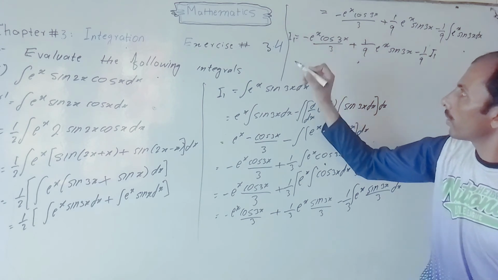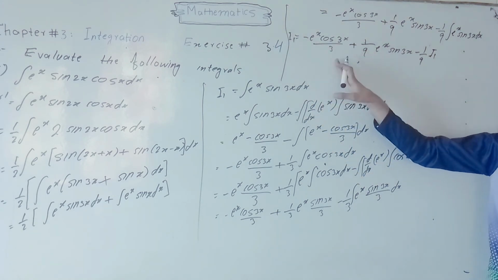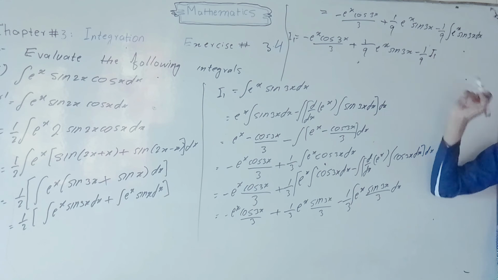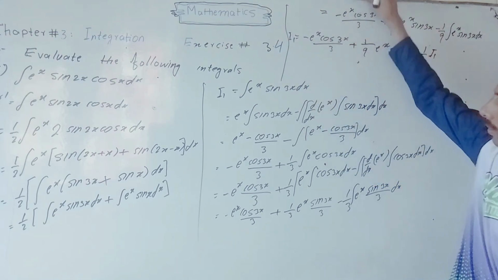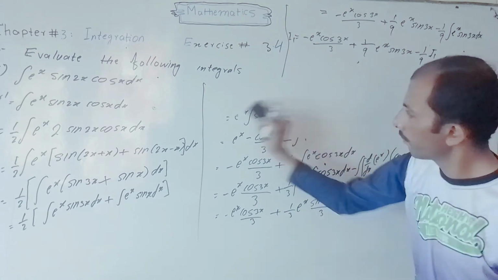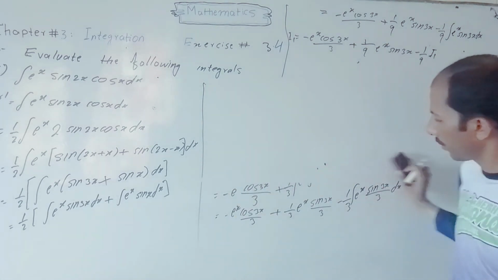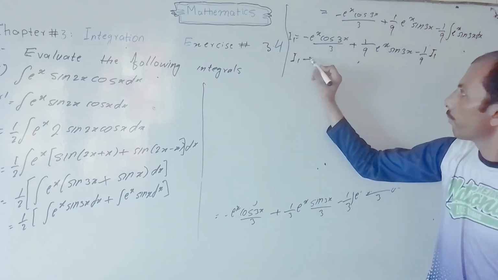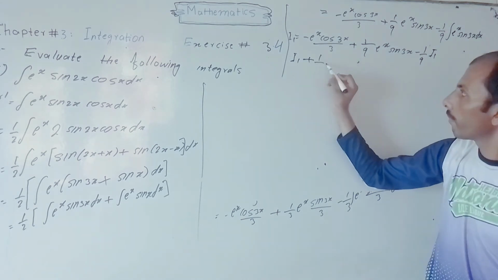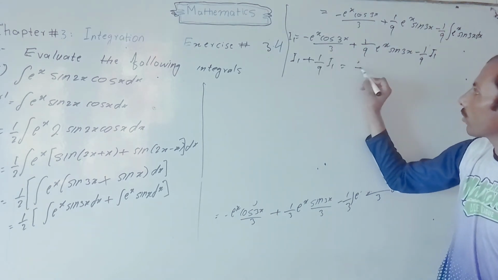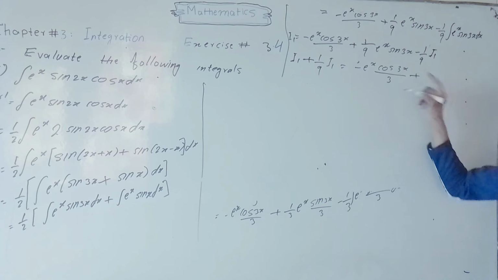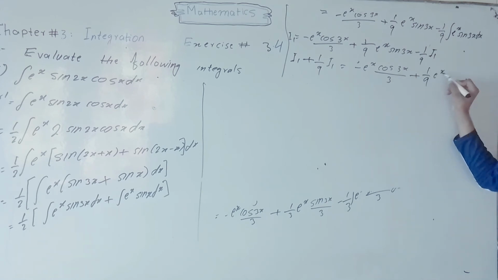So I1 is equal to minus e power x cos 3x divided by 3 plus 1 divided by 9 e power x sin 3x minus 1 divided by 9 e power x, so which is equal to I1 plus 1 divided by 9. I1 is equal to minus e power x cos 3x divided by 3 plus 1 divided by 9 e power x sin 3x.